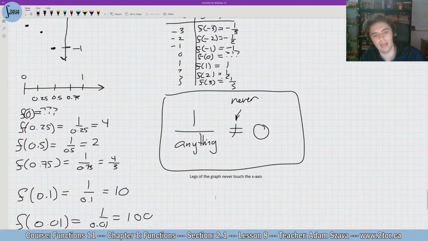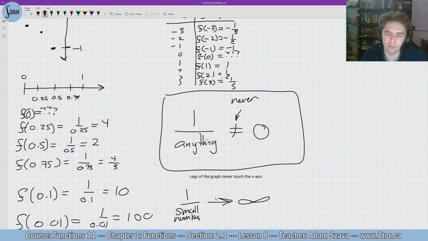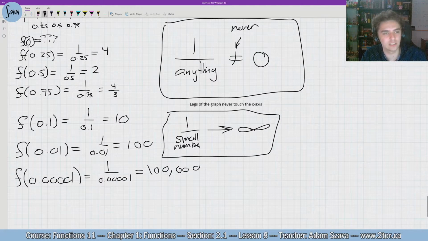And 1 over a small number gets bigger and bigger. Well, that's kind of a bad way to say it, but the number gets bigger and bigger the smaller this number is, right? So that's why the spikes shoot up very high near x equals 0.